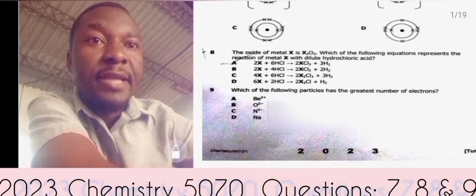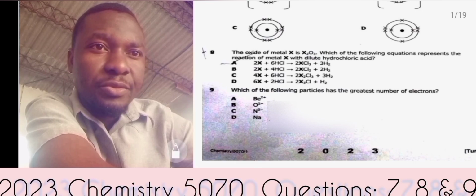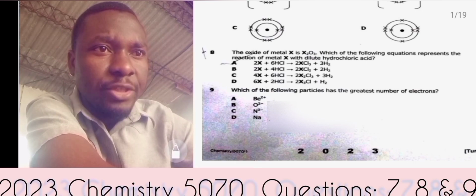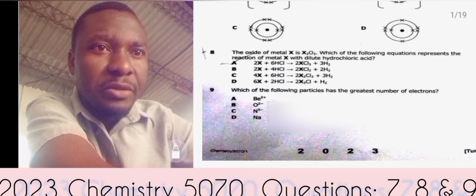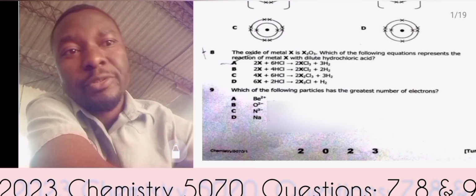Number 8 reads, the oxide of metal X is X2O3. Which of the following equations represents the reaction of metal X with dilute hydrochloric acid? We have 4 options there.